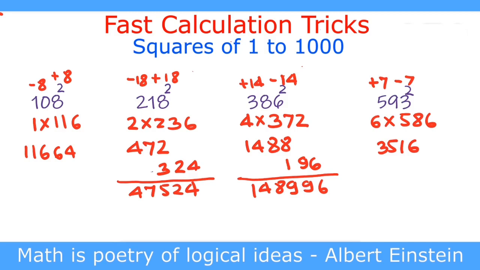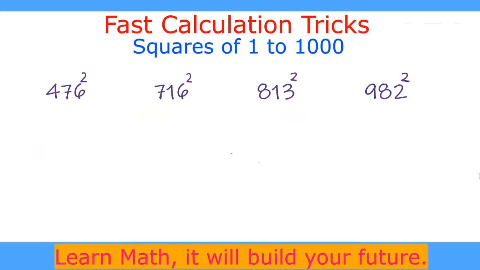So we directly write 49 after 3516. So the square of 593 is 3,51,649 or 351,649. We go to the next question.